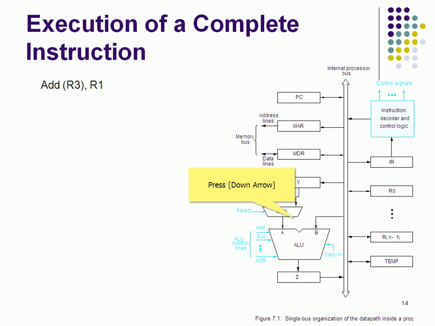We have discussed enough about the data path of the single processor, single bus organization in the previous slide. So the same diagram is repeated here.